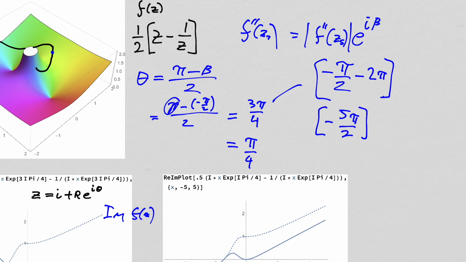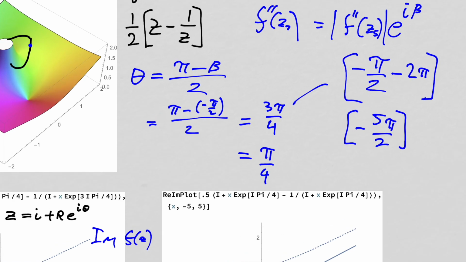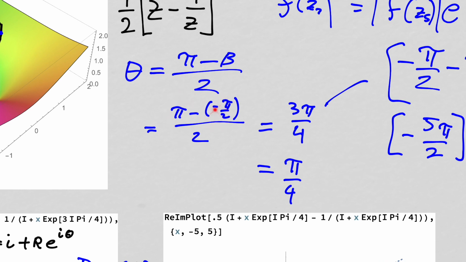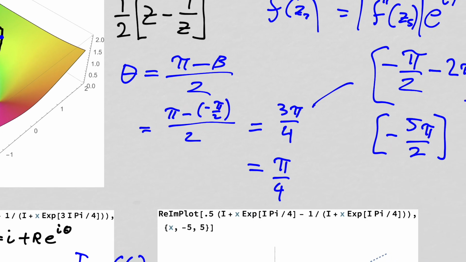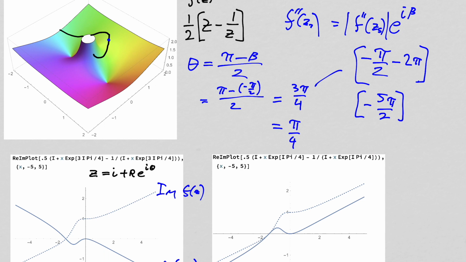You have pi, and then this minus pi over 2 is now minus 5 pi over 2, so that's 7 pi over 2. And 7 pi over 2 is equivalent to pi over 2, and that's pi over 4, right? So it's all pi over 4. So you end up with pi over 4, and that satisfies this expression.